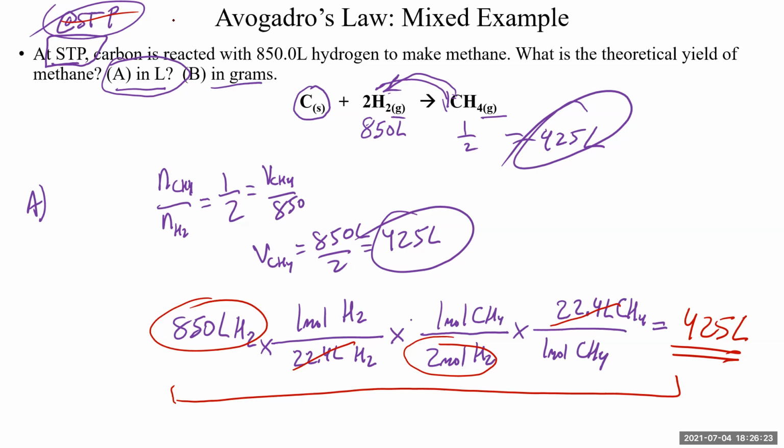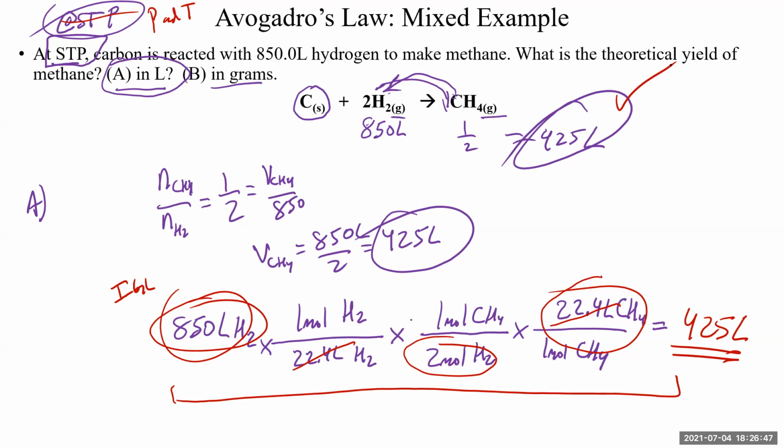Then you'd have to work with some other pressure and temperature combination. Then you'd have to use the ideal gas law on the hydrogen as well as on your methane, and you'd have to reconvert back again. It'd be a whole lot more trouble compared to the 2-second, oh, look at my ratio, I'm done.